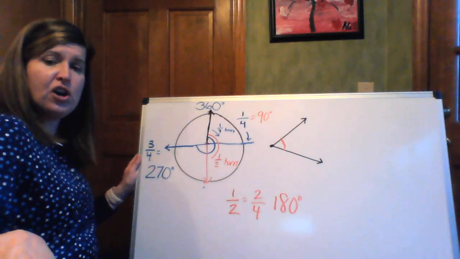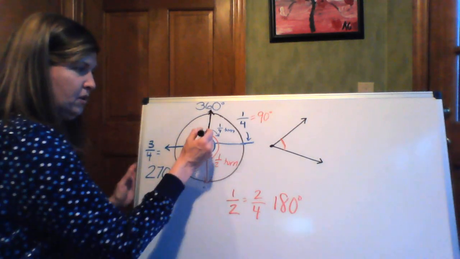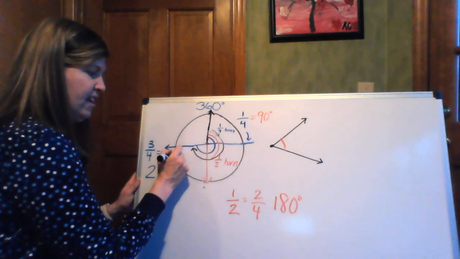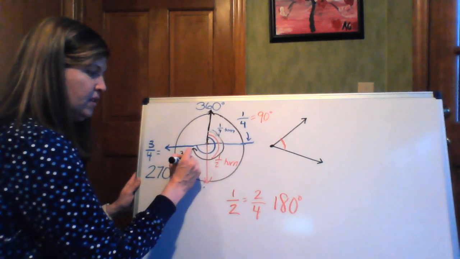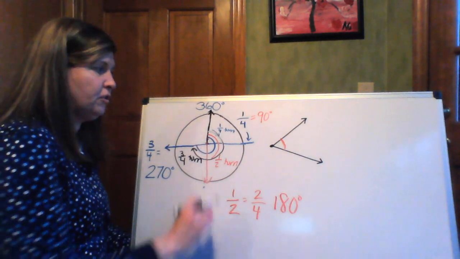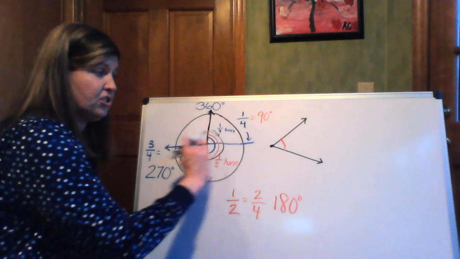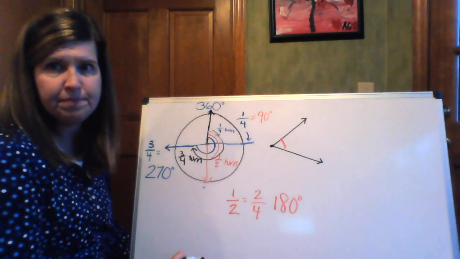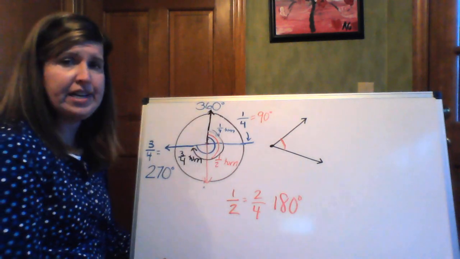And then all the way over, 1, 2, 3, would be 3/4 turn. So you're pretending that this circle divides into 4 different turns to make a total of 360 degrees.